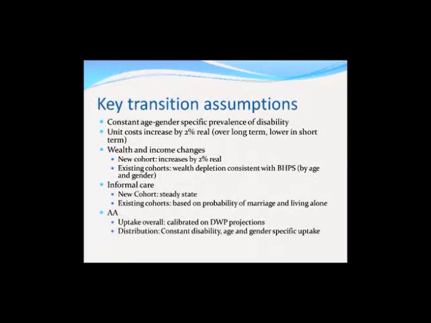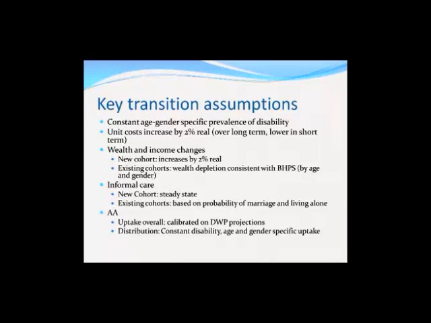These are some of the key assumptions that we make. For example, at the moment we're still assuming that the prevalence of disability, age and gender specific, remains constant. That is probably an optimistic assumption, as some of the latest evidence suggests there might be even more dependency in the future.